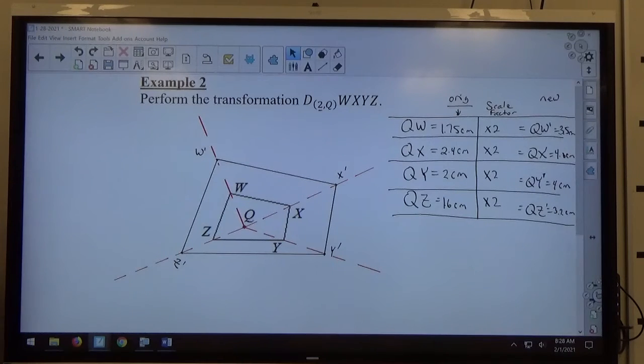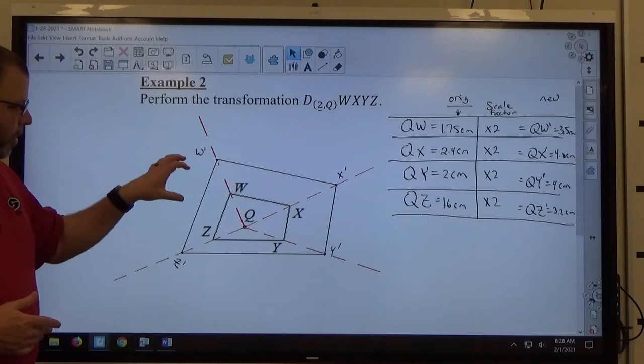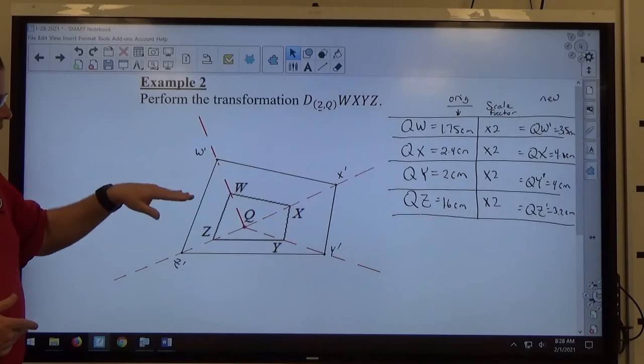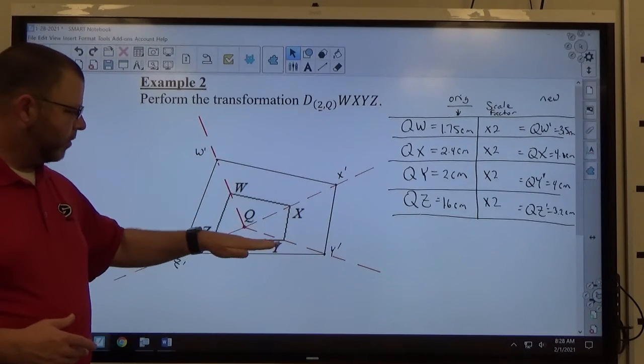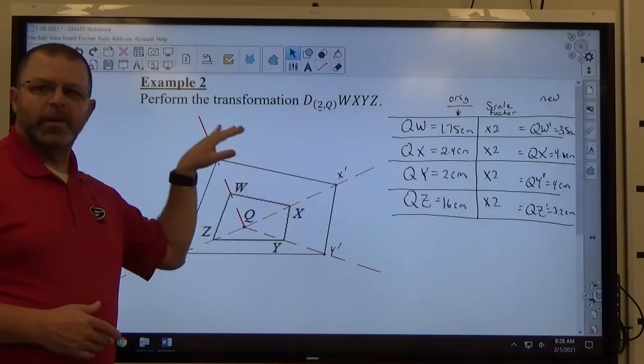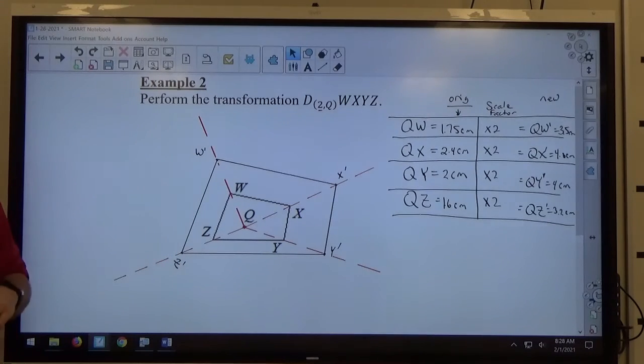It's kind of an optical illusion type thing. It looks like three-dimensional stuff happening here. But you can see that when we get this drawn, one thing that you can expect is parallel lines. So this should be parallel to that, that parallel to that, and so on and so forth. So if they look parallel, you're probably doing it right.